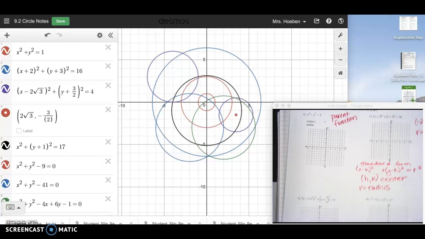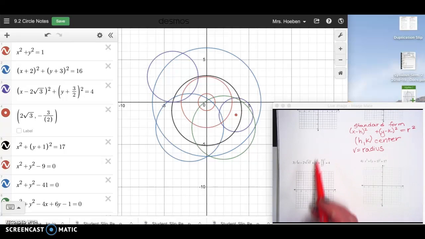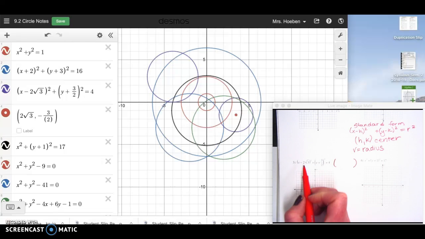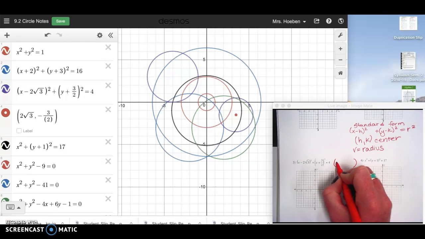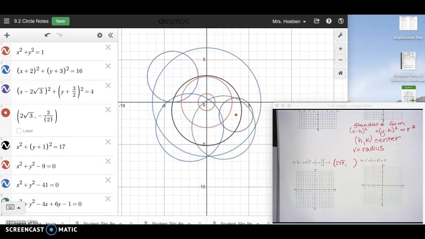Okay? So even for questions like number 3, where you have all these fancy numbers in there with radicals and fractions, to get the center, you just take the opposite of this number, which is 2 rad 3, and I saw some of you change it to decimal, which you can, but really all you have to do is just write the opposite of the number and leave it as a radical.